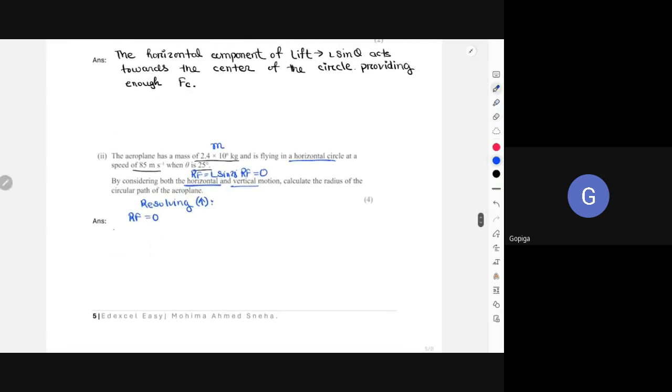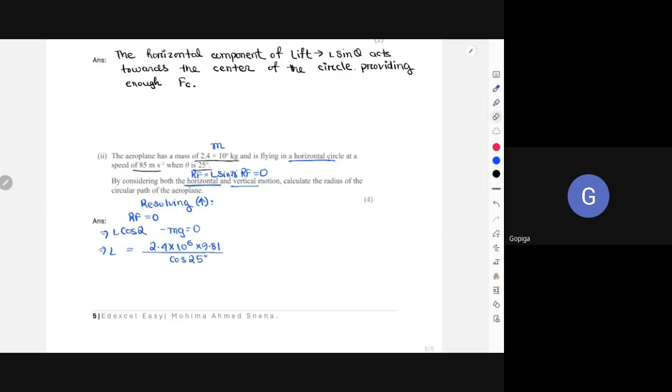Now we are going to write L cos 28 degrees minus mg equals 0. But then if you just make L the subject of this, it is going to be 2.4 times 10 to the power 6 multiplied with 9.81 divided by cos 25 degrees.